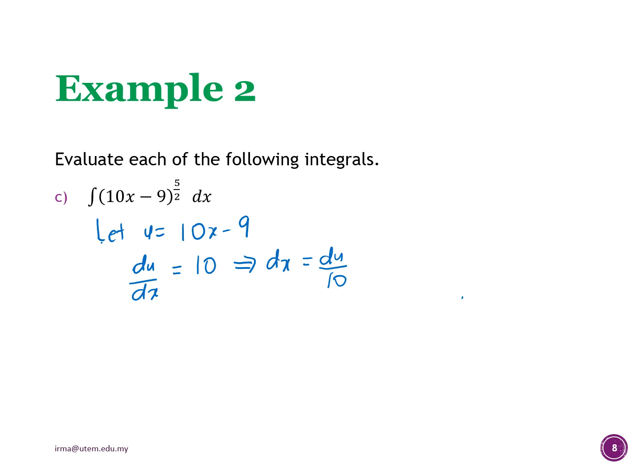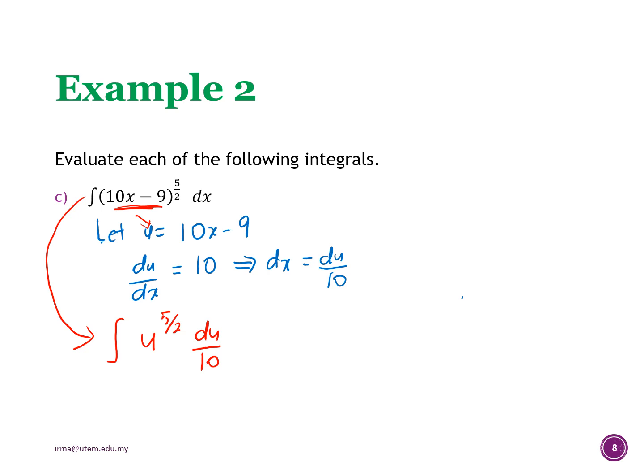So now this integral can be rewritten as the integral of u to the power of 5 over 2. Because we have set it as u, the power will remain as 5 over 2, and dx becomes du over 10.